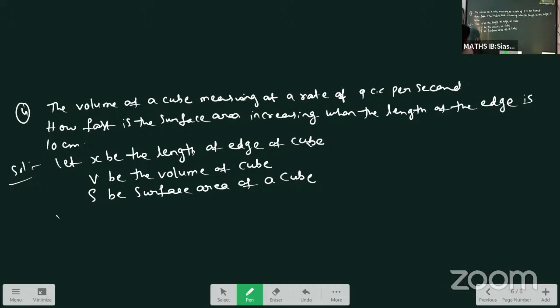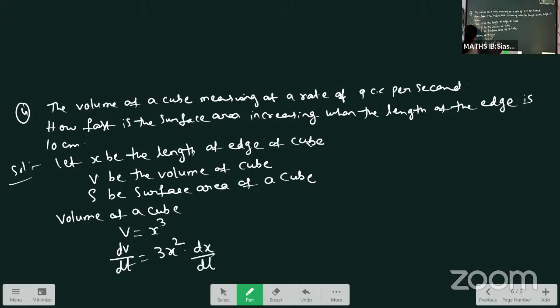What is the volume of a cube formula? V is equal to x cube. Then immediately find dV by dt. The derivative of x cube is 3x square into dx by dt. But what is given?